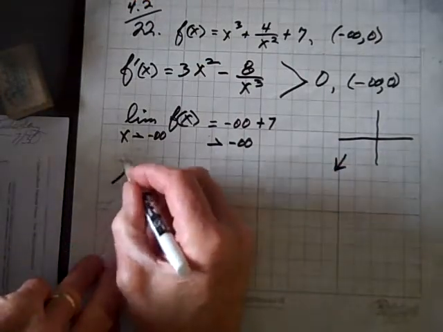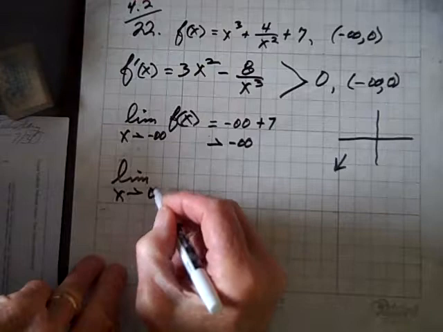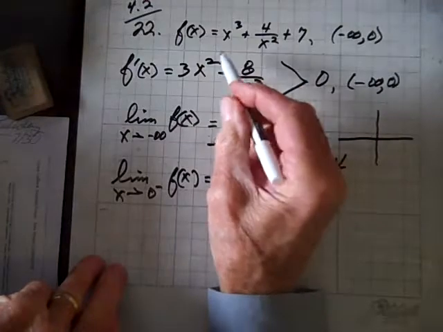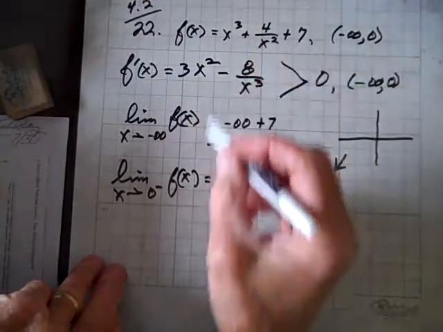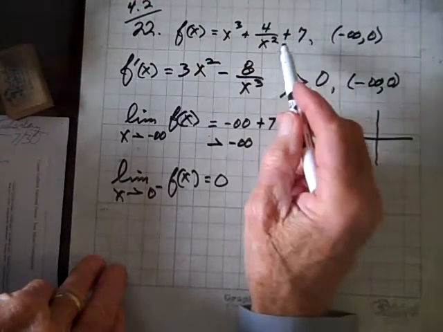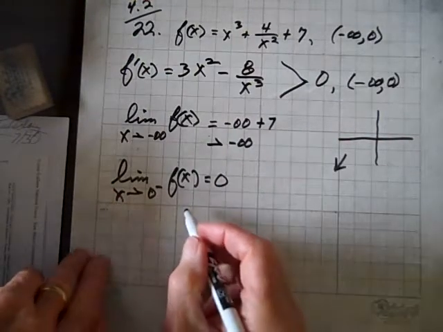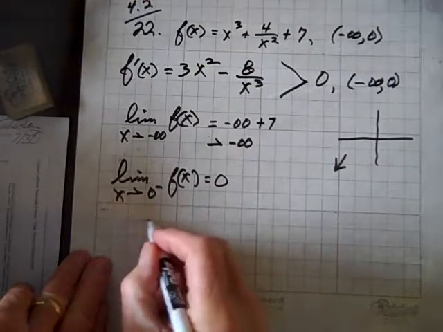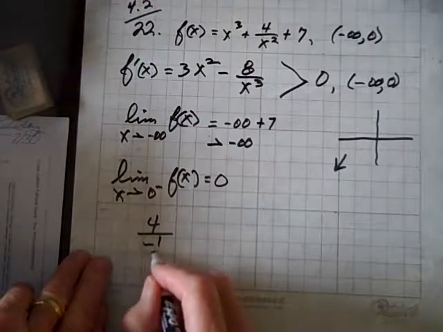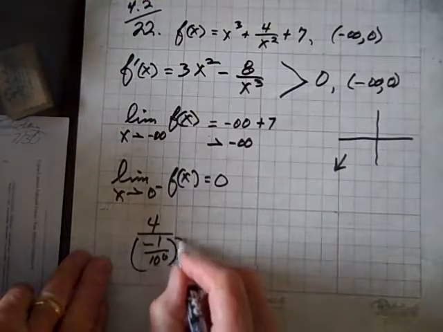Negative. Let's look at the limit as x goes to 0 from below of f of x. As x goes to 0 from below, that term is going to go to 0. This term, as x goes to 0, well, keep in mind, let's put in a very small value for x. What if we have negative 1 over 10 to the 6, squared?